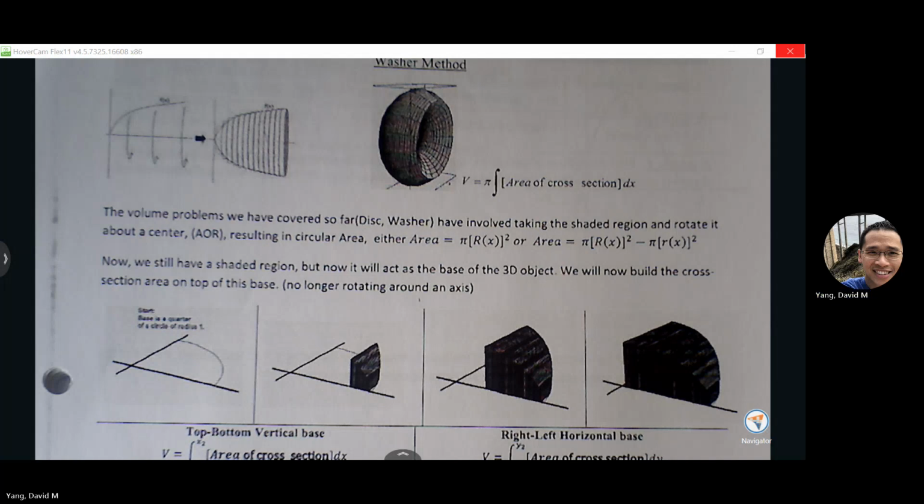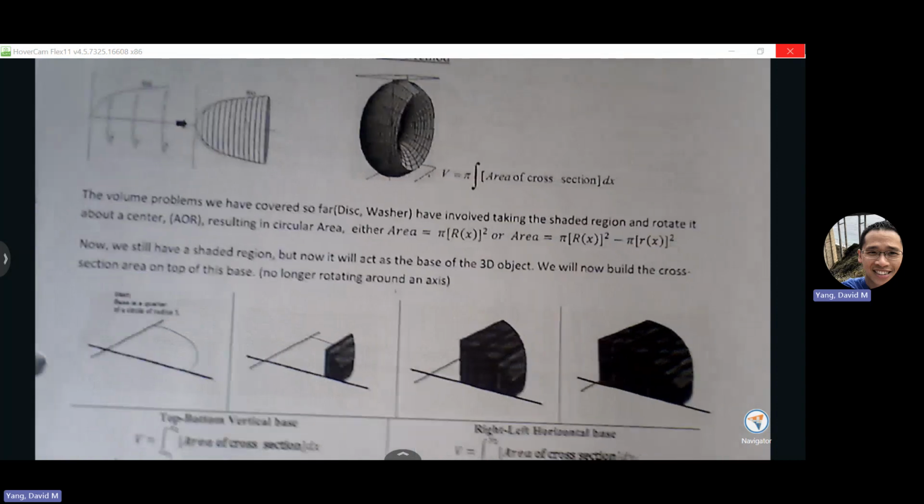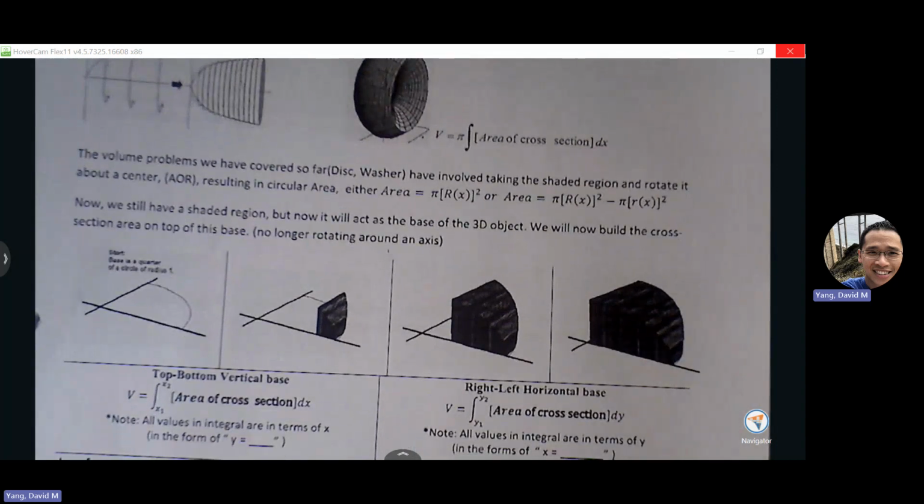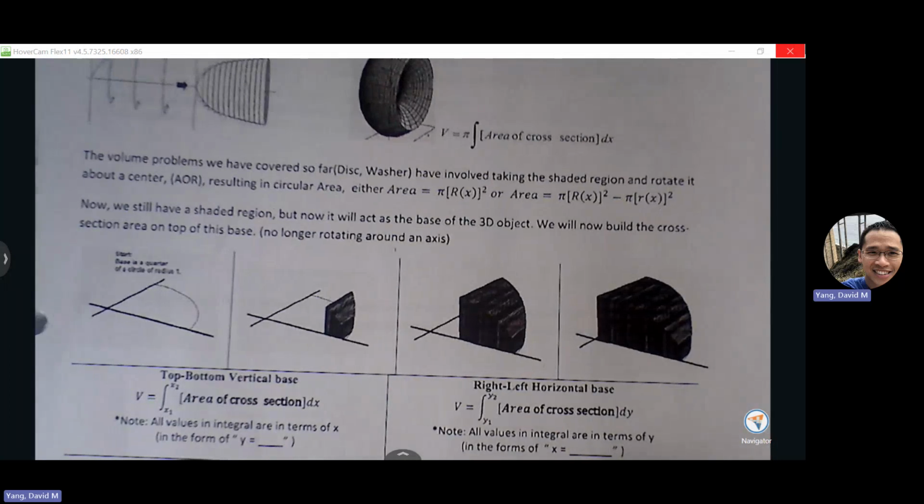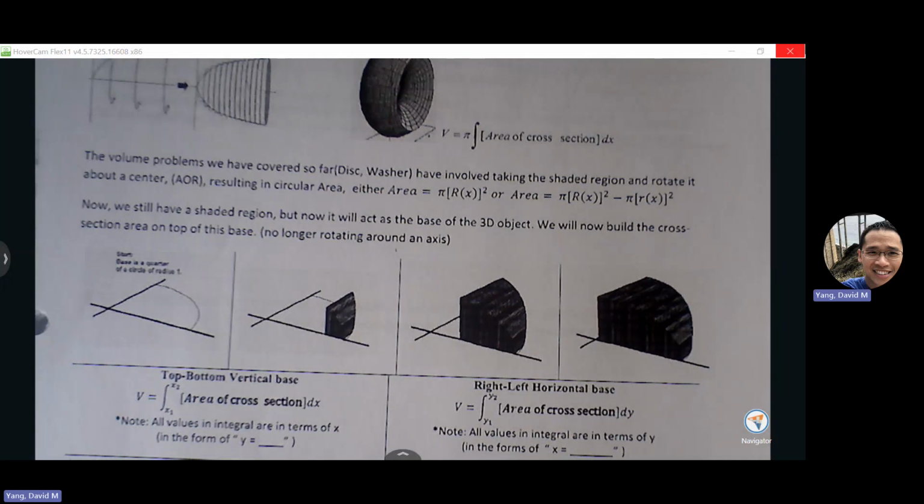So we're going to be building these cross section areas on top of a base. So we're no longer going to be rotating around an axis. We're going to be building on top of a base. So these objects are really kind of hard to draw. And we don't have to worry about drawing it. We just have to be able to figure out the information that we need and then just plug into the formula, right?